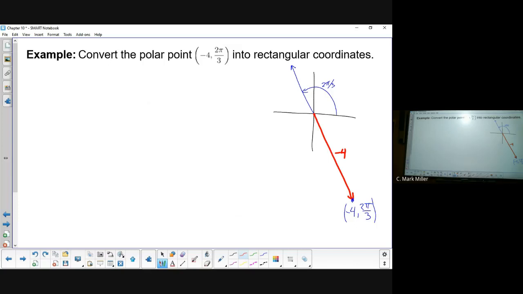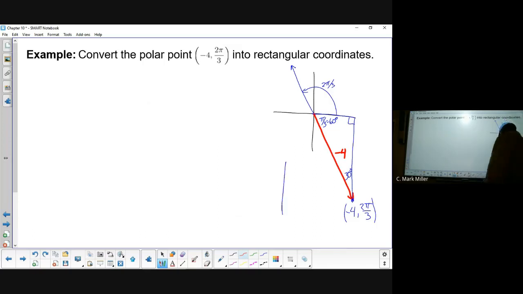Now, in fairness, you don't even need those formulas. Because if you know basic geometry, you could go like this, like that, right angle. And so this angle here would be pi over 3, which is 60 degrees. This is 30 degrees down here. And you could use what you know about the ratios of triangles.